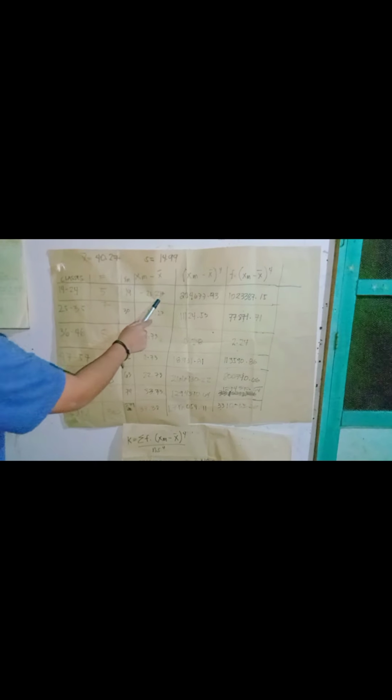Here, the mean is 40.27 and the standard deviation is 14.99. Okay, let's start. 19 minus 40.27 gives us negative 21.27.